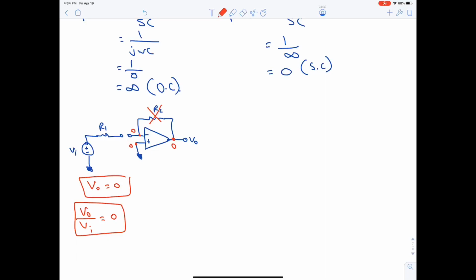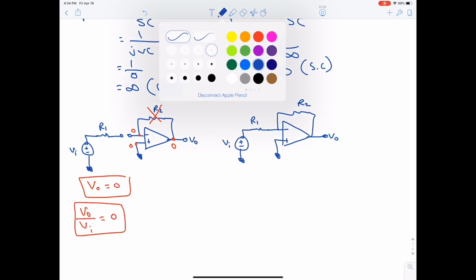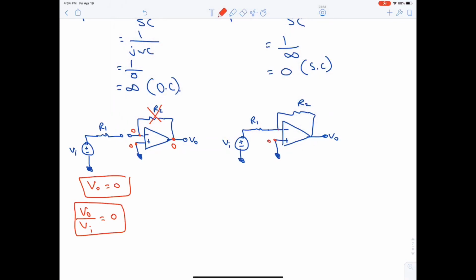Let's check out the other case. This is a short circuit, so here R1 with V input, and here we have R2, V output. If this is 0, this is 0. Now we need to do nodal analysis.